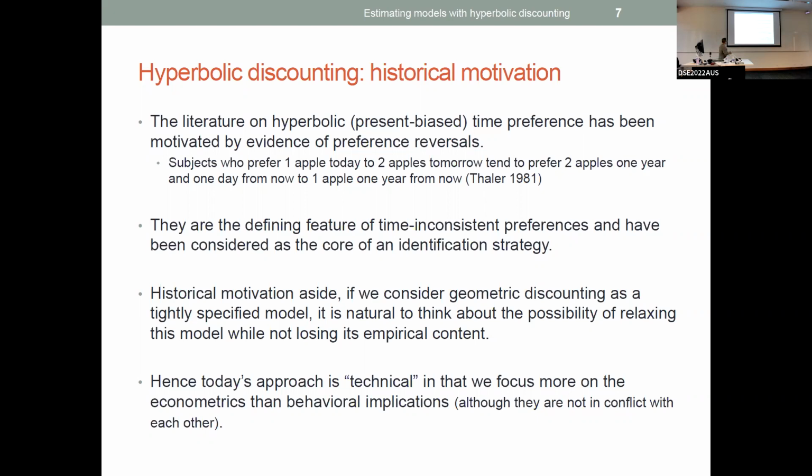But historical motivation aside, if we consider geometric discounting as a potentially tightly specified model, it's natural to think about the possibility of relaxing this model without losing its empirical content. As I said before, we'll focus on econometrics and then some empirical applications. We'll talk about the behavioral preference reversals a bit, but it's not the central theme of today's discussions.